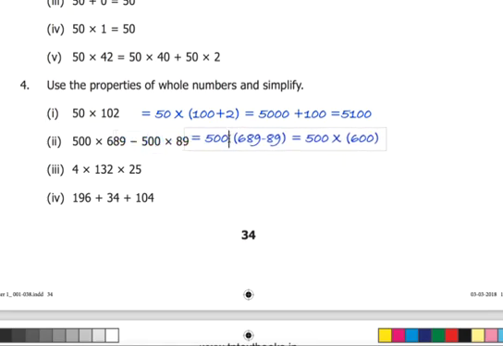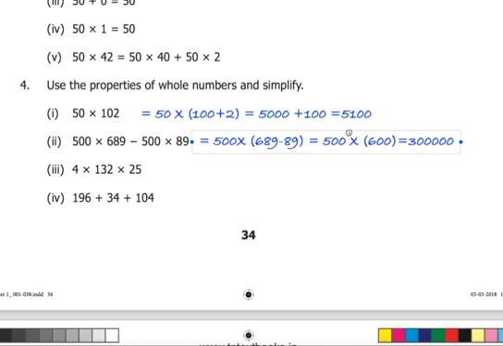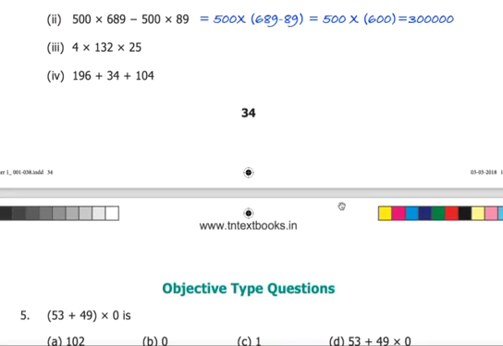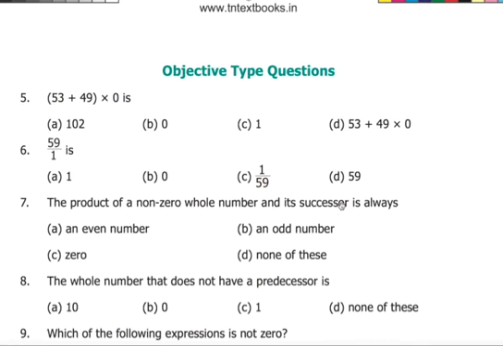Into is missing here. How much is the answer then? 30, 1 2 3 4 zeros. That is the answer. You do the remaining using those properties. 50 plus 3 plus 49 into 0. 59.